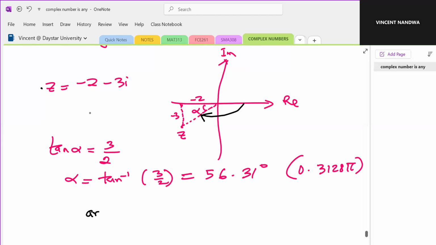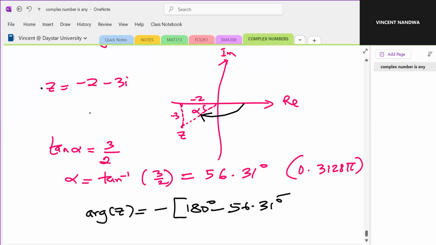So the argument will be the same as minus, 180 degrees minus 56.31 degrees. So 180 minus 56.31 gives 123.69 degrees, or you can say pi minus 0.3128 pi.